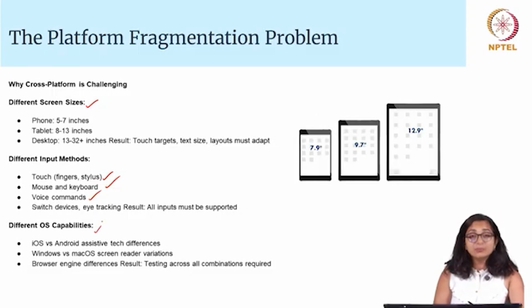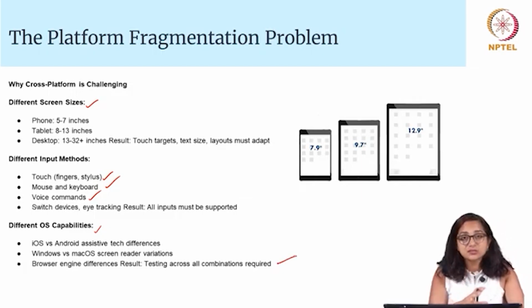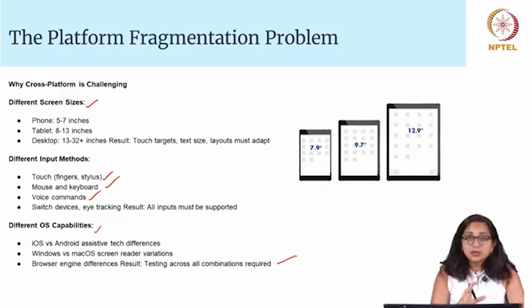And different OS capabilities. So Android versus iOS assistive tech differences are there. Windows versus macOS screen reader variations are there. Browser engines also differ. So testing across all combinations is required, and this is something that we have discussed in detail in 2 or 3 lectures pertaining to industry level accessibility audit and evaluation.